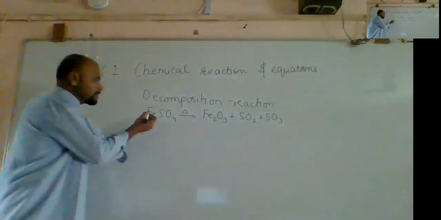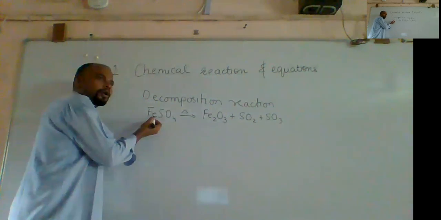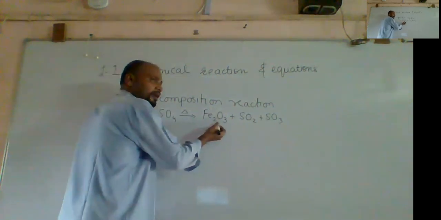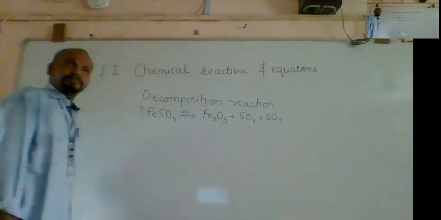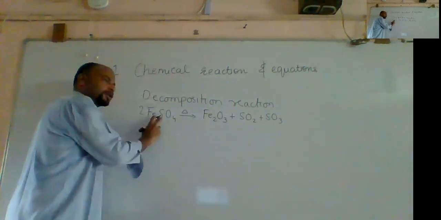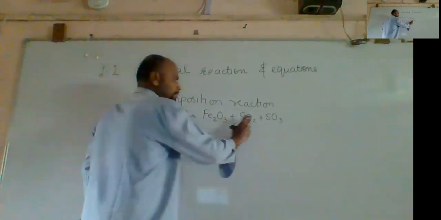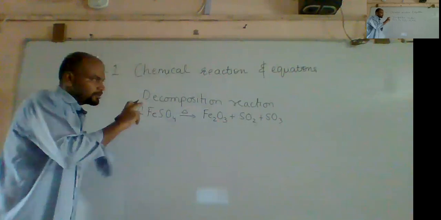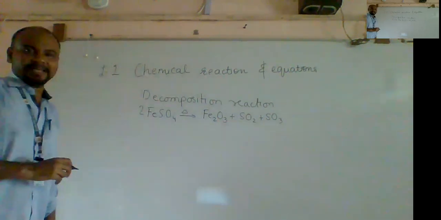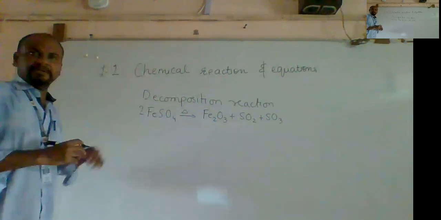If you see, 1 atom of iron on one side and 2 atoms of iron on the other. So in order to balance, we place 2. So iron is balanced. 2 ones are 2 sulfur, 1 plus 1, 2 sulfur. 2 fours are 8, 3 plus 2, 5, 5 plus 3, 8. This is a balanced chemical equation.